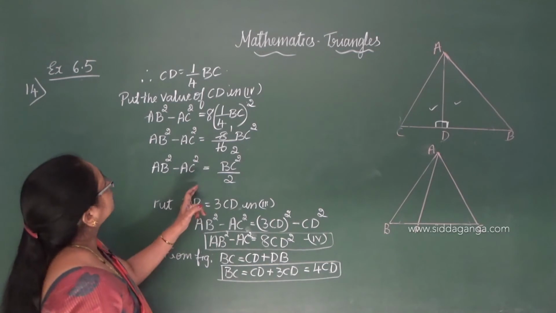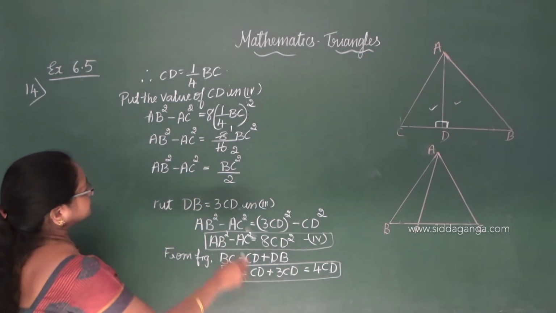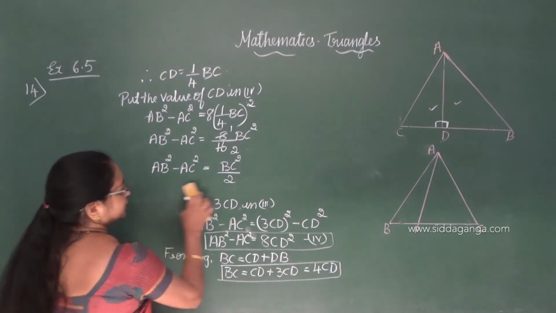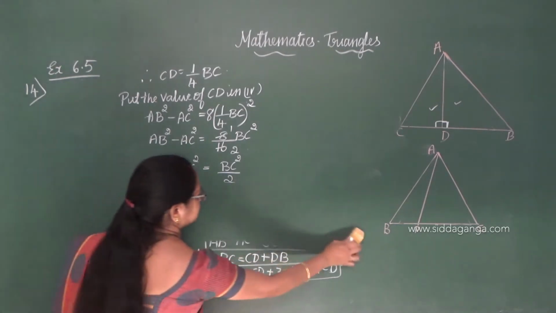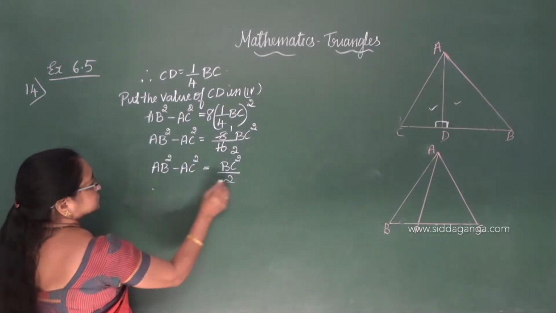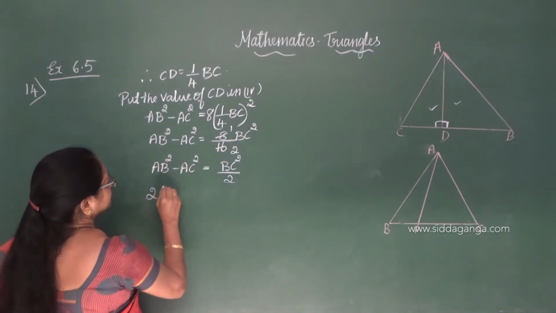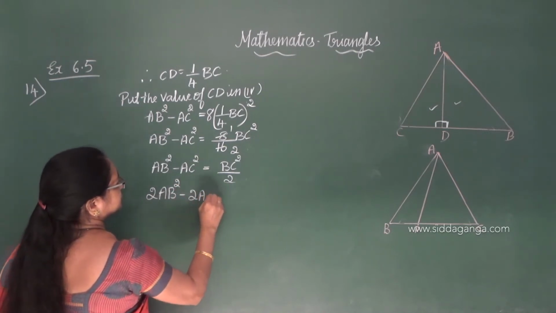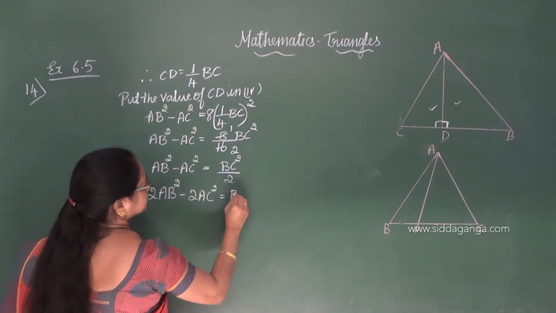Okay. Now we want it in the form of the question. So according to the question, we want it in this form. So cross multiply: 2AB square minus 2AC square is equal to BC square.